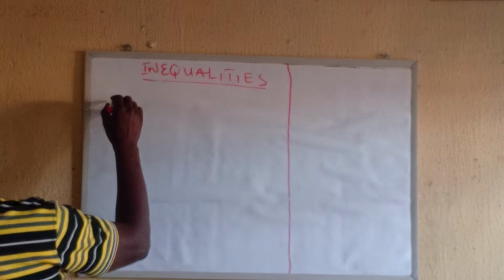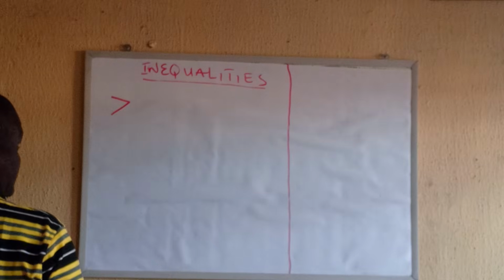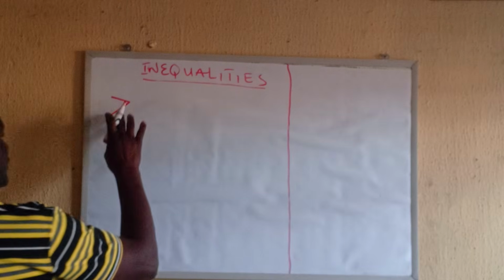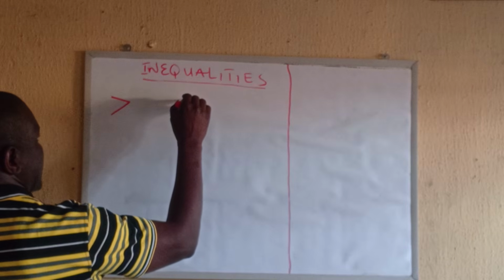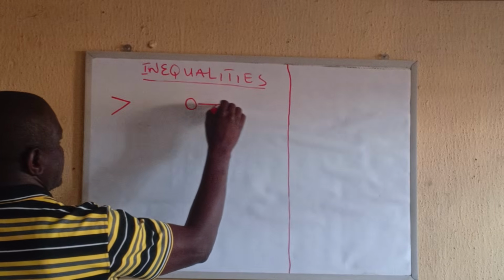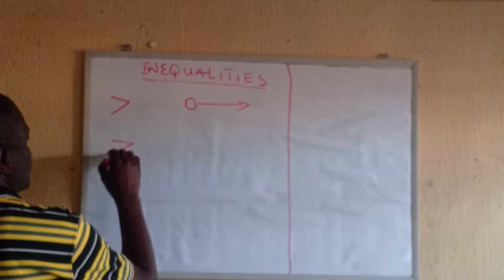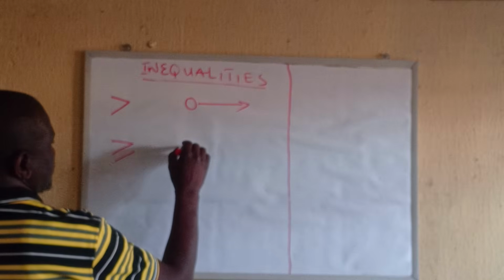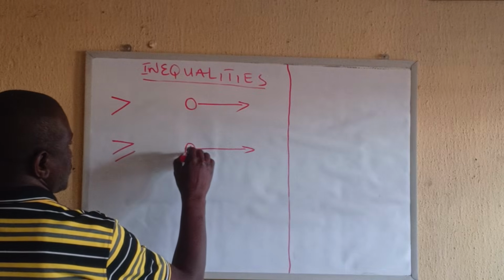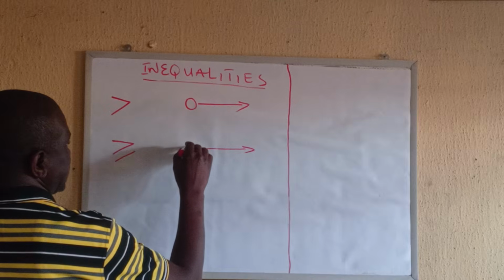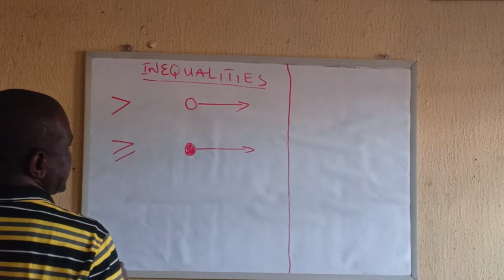We have greater than. Greater than is done like this, and this is the symbol, and it has its representation in this form. We usually have greater than or equals to, which is the symbol with this open circle shaded. That's the difference.